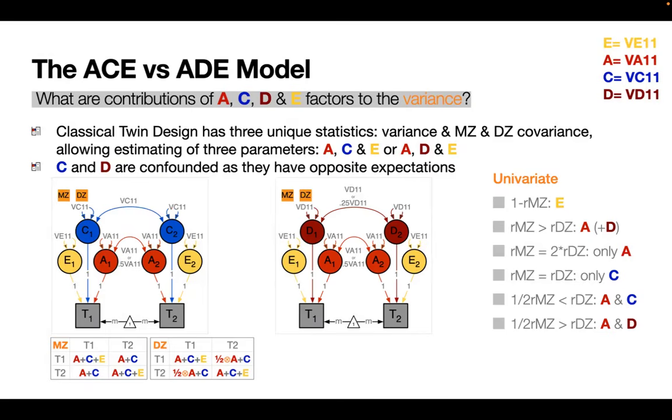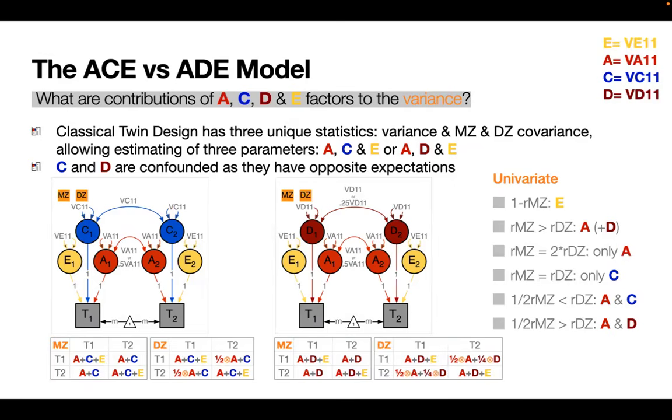In this case, for the MZ twins, the expectation for the variance is A plus D plus E, where that of the covariance is all of the additive as well as all of the dominance variance, so A plus D. We can work out the expectations for the DZ covariance from the biometrical model, and it turns out that DZ twins on average share half their additive genetic variance and a quarter of their dominance variance.